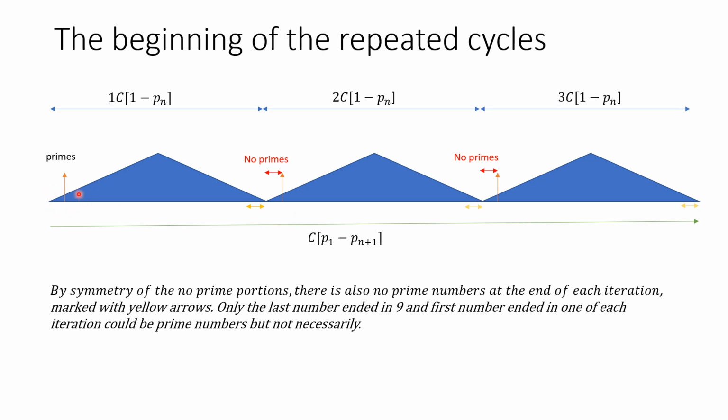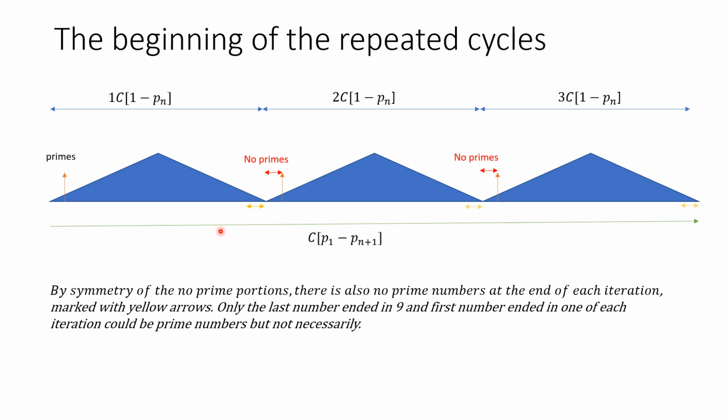The prime numbers are here, but these prime numbers, for example, from 3, 7, 11, and 13, will produce at the end of this iteration a symmetric part to 3, 7, 11, and 13, a symmetric part that will have a place with no prime numbers. And at the beginning of the next iteration, this part here will have no prime numbers. So this one here and this one here, and that's a repetition.